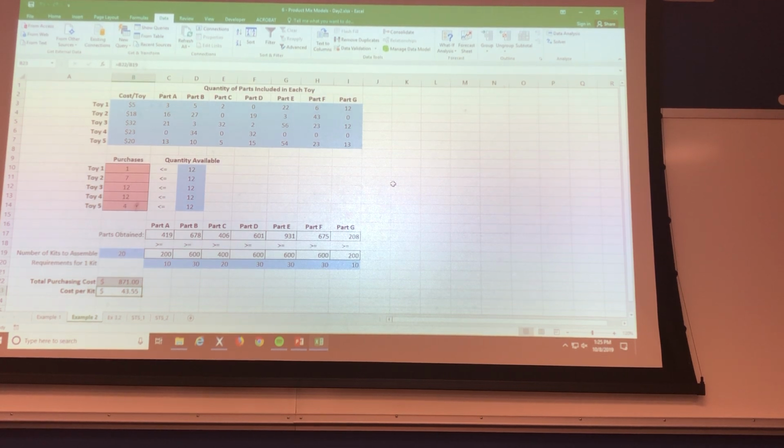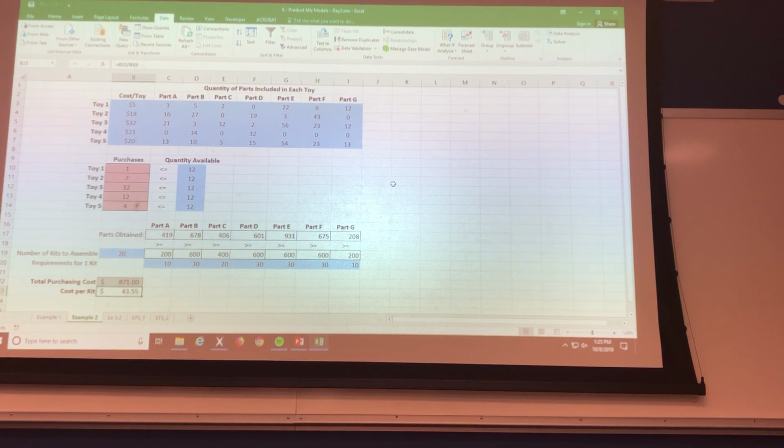Because what we're going to do is a sensitivity analysis using solver table, where what we have to think about is what input would we vary to get an output that would answer our question. And our question is, how cheap does Toy 5 need to be in order for us to buy all that they have?